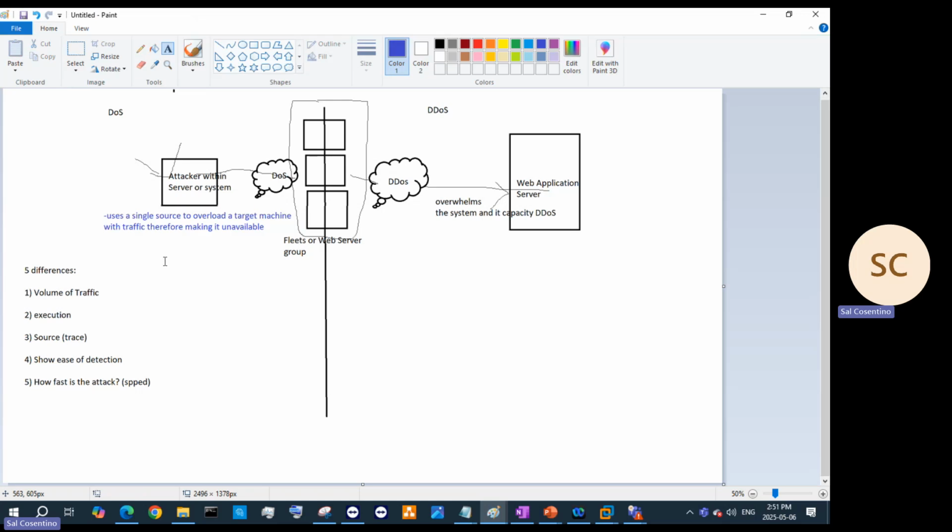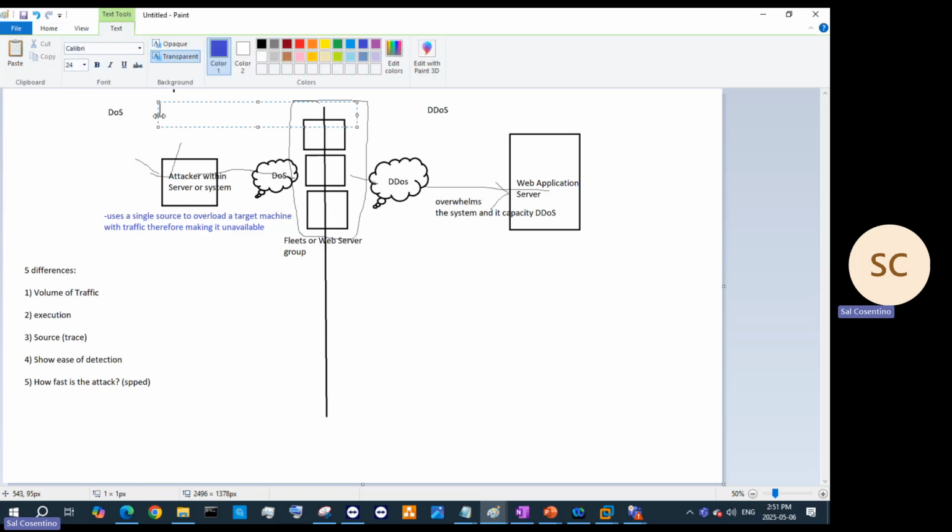Okay. So just remember the difference between our denial of service, right, versus our distributed denial of service. Those two are different. And again, a server runs a web application and that service capacity can only handle 5,000 requests.